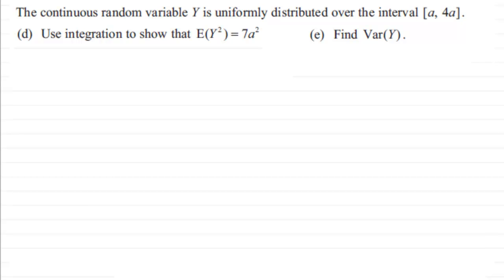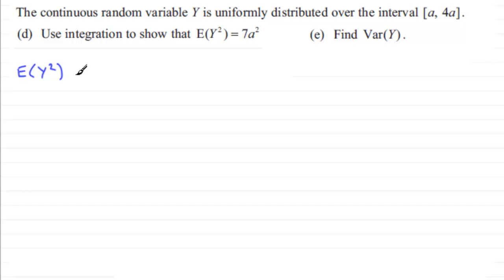Okay, welcome back if you had a go. So how do we do something like this? Well, first of all, if we're going to work out E of Y squared for a continuous random variable, we should be familiar with this formula.